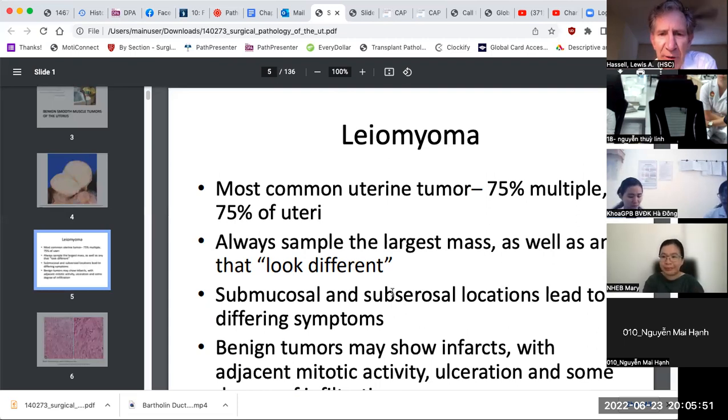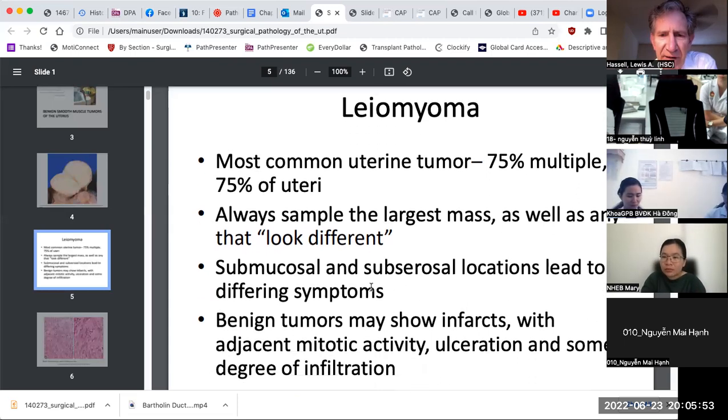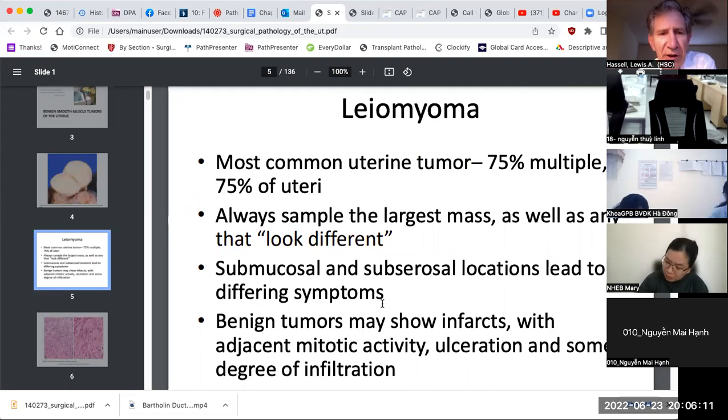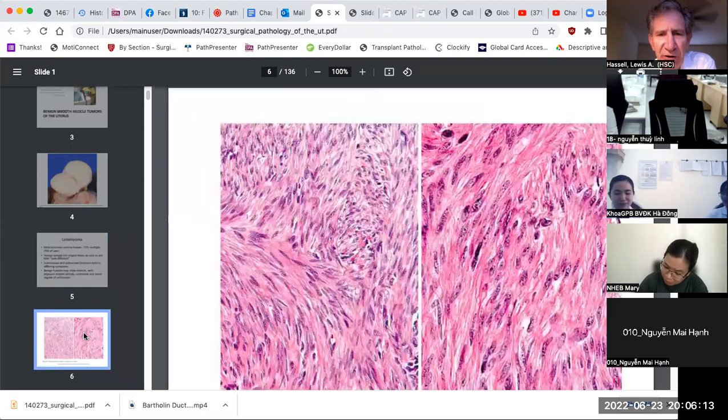It is possible that benign tumors can have infarcts, even sometimes with adjacent mitotic activity. So that's not always the perfect criterion. So we have to be careful with mitotic activity and necrosis, although those are clearly important features.